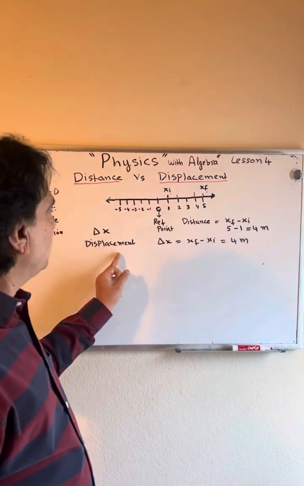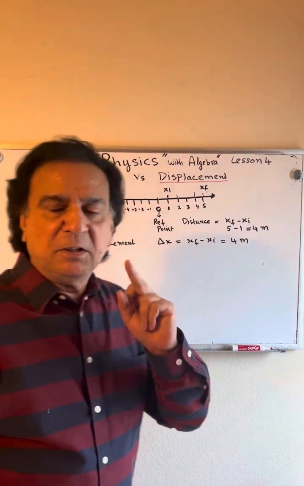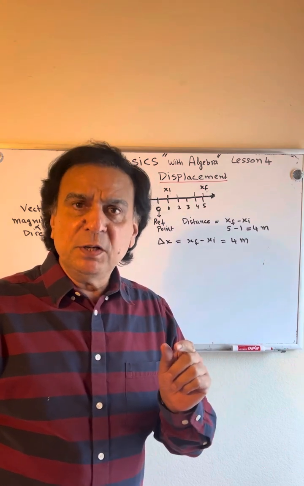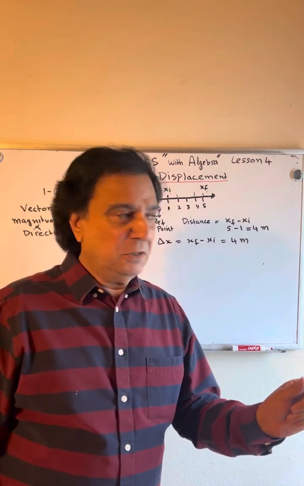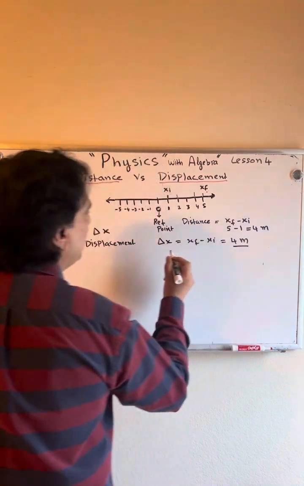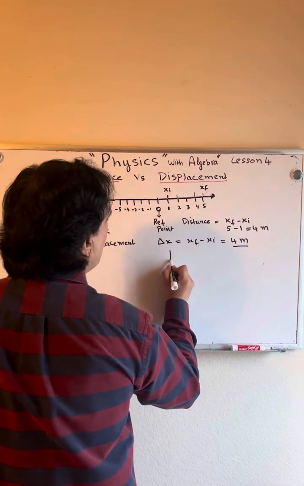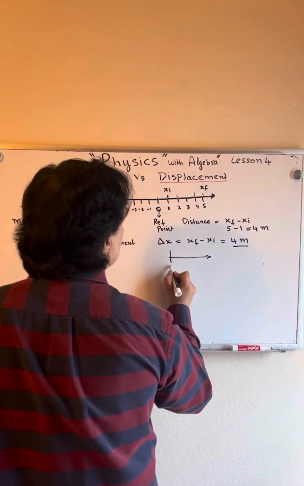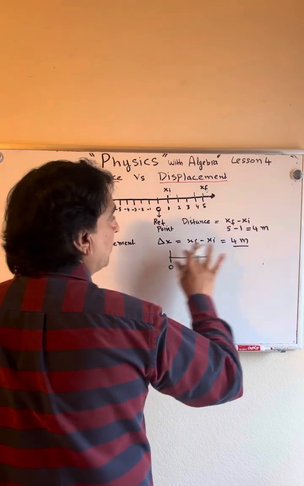The difference is that displacement is a vector. And what is a vector? A vector is something which has magnitude and direction, okay? So when I get positive 4 meters, that means I am going from the origin towards the right.